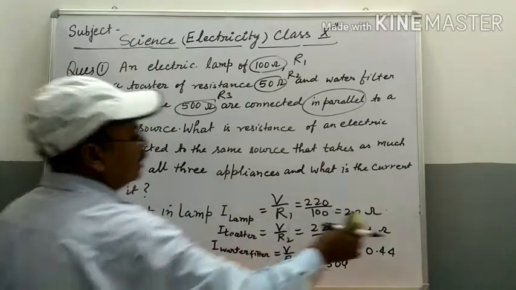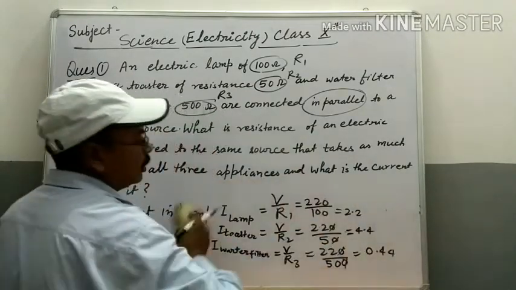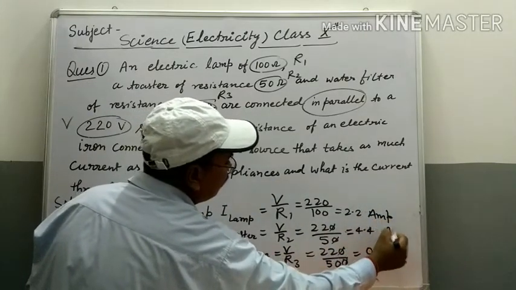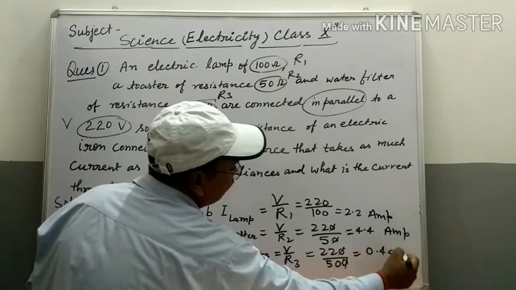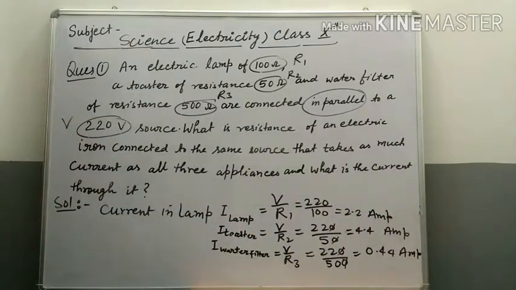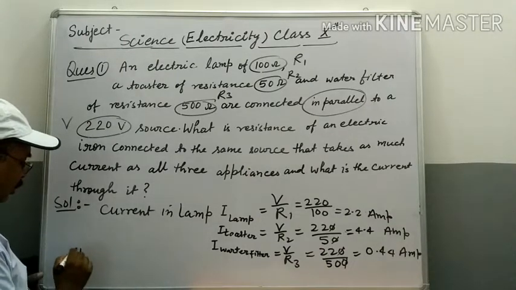Sorry students, current that's unit is ampere. Sorry, that's ampere. AMP short, AMP currents. Now students, we have to total current. Total, we have to find total current.